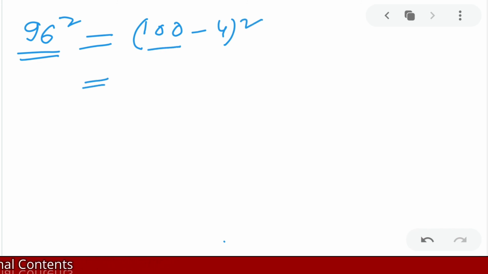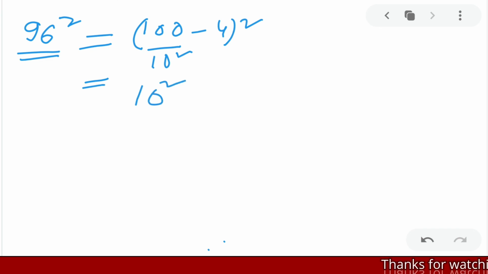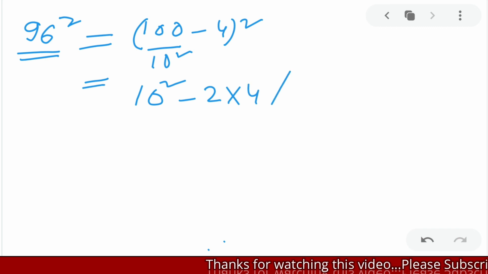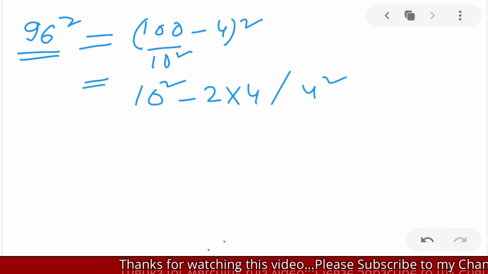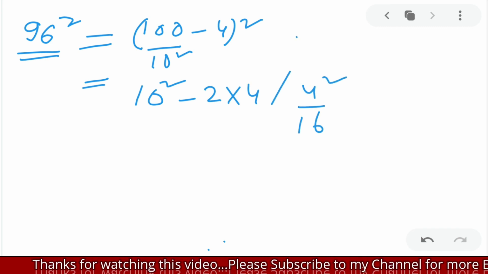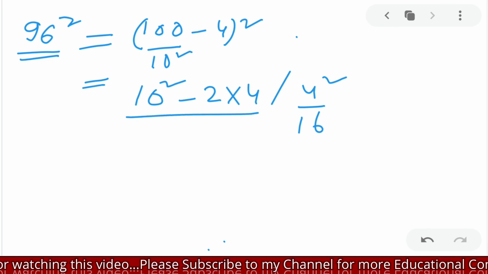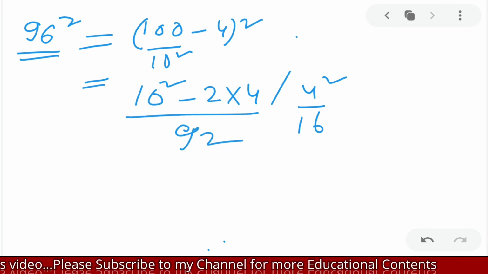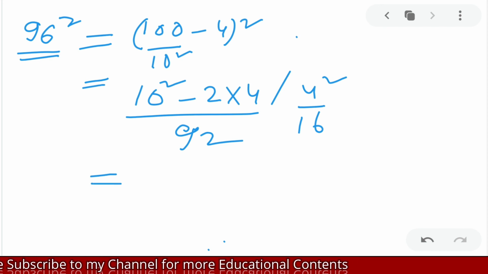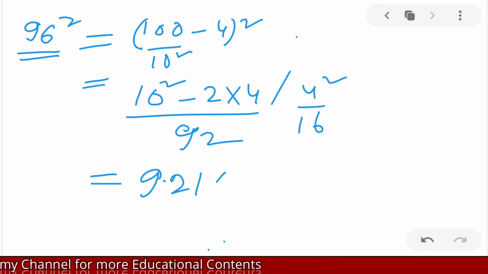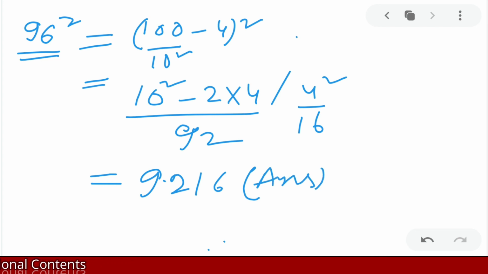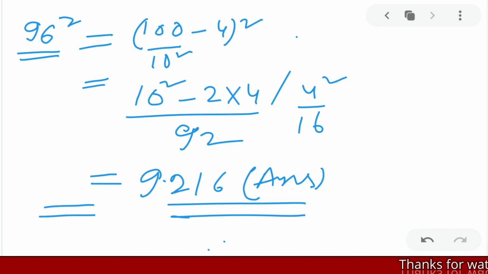So according to the formula, 10 square directly comes, then 2 into x, that is 2 into 4 on this side, and here 4 square. N is 2, so it will become 16, and this will be 92. So the final answer will be 9216.